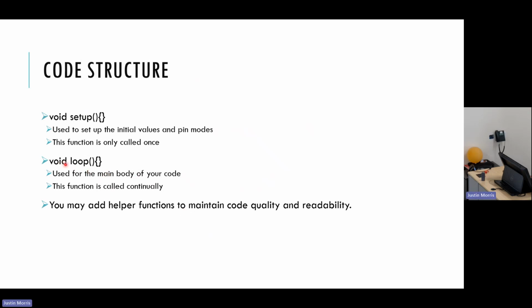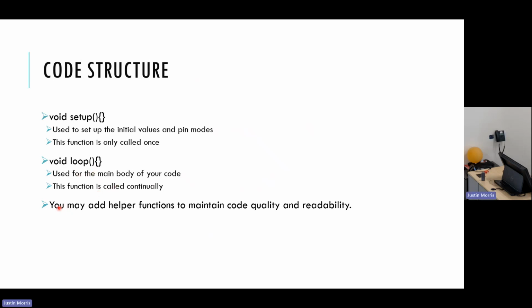So if you only have loop, and you're designing a larger system, it's going to be very hard to read through it if you do everything in that one code block. But if you split it up into its individual functions and then call those functions in loop, it'll be a lot easier to read, especially if you give your functions descriptive names, right?